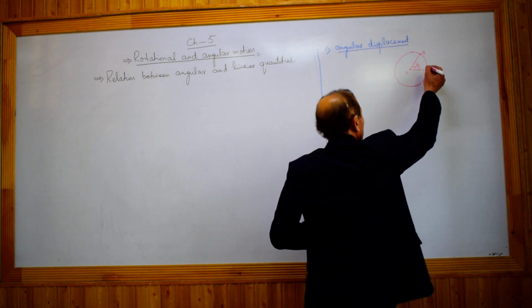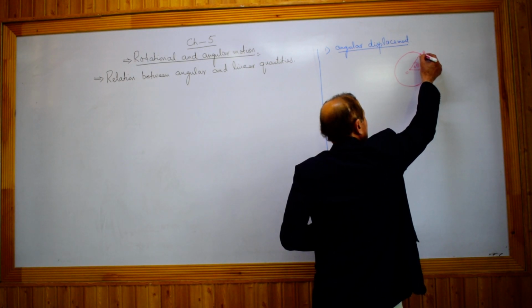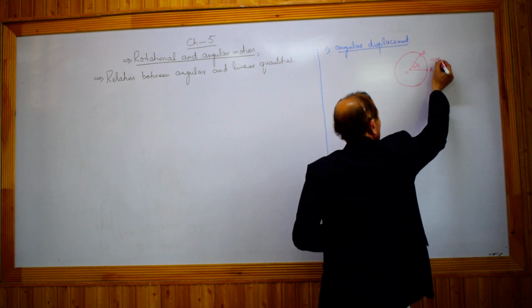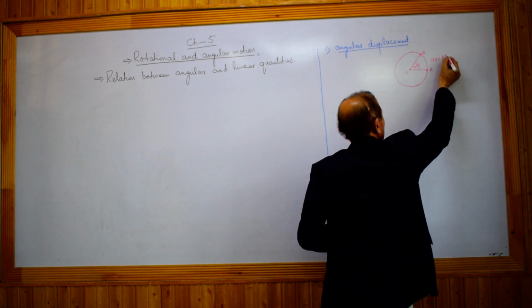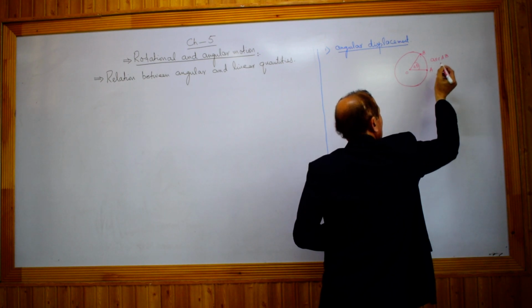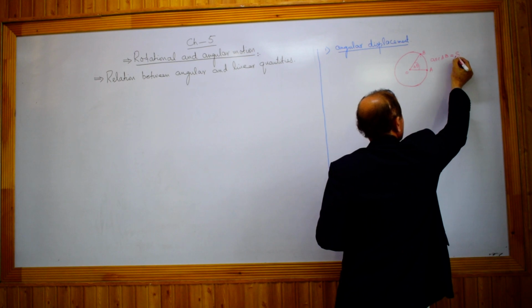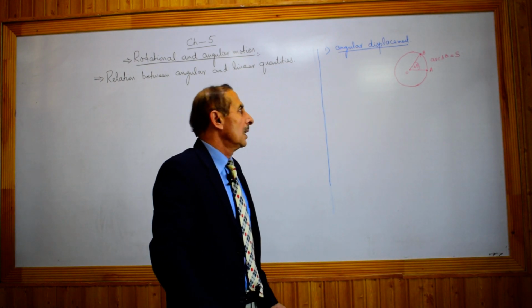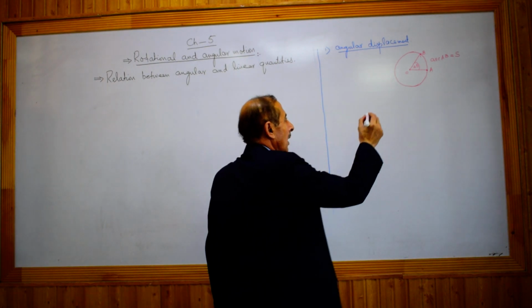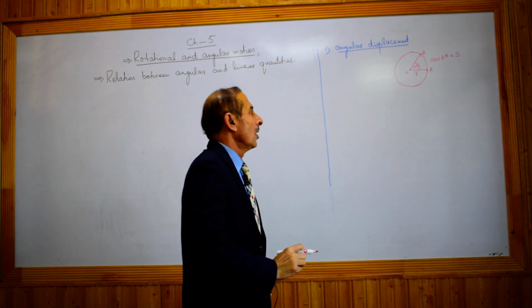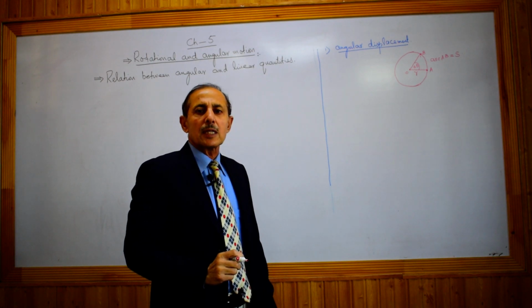This AB, the circular path, is known as arc AB. Let this arc AB be equal to S. So S represents arc AB. R is the radius of the circular path, and theta is the angular displacement.